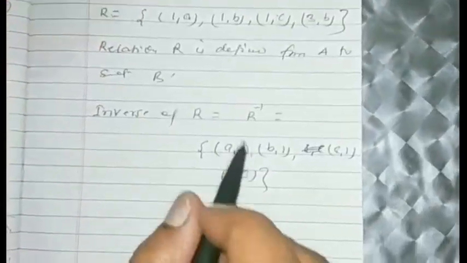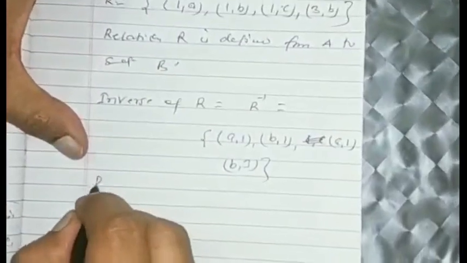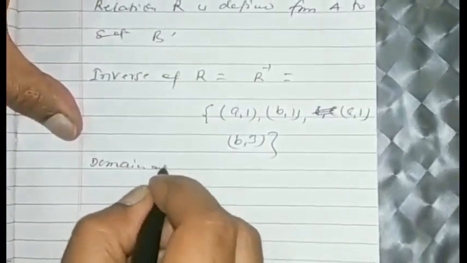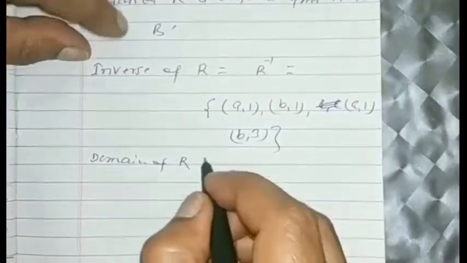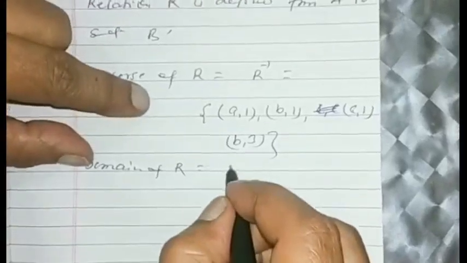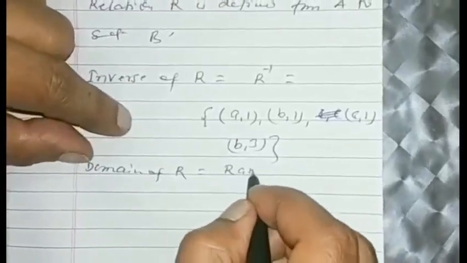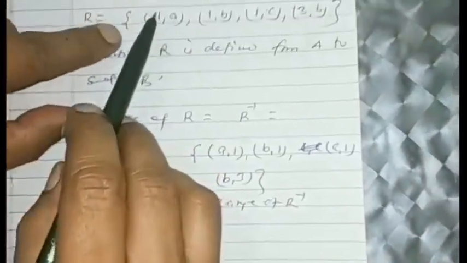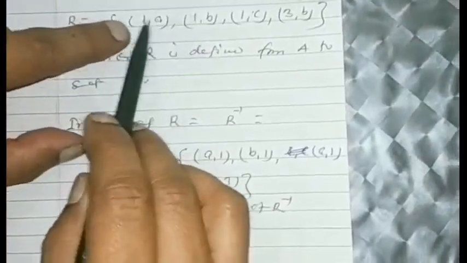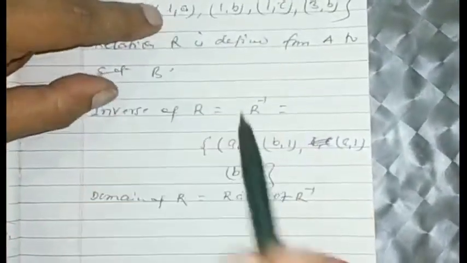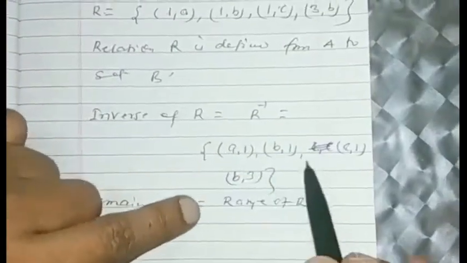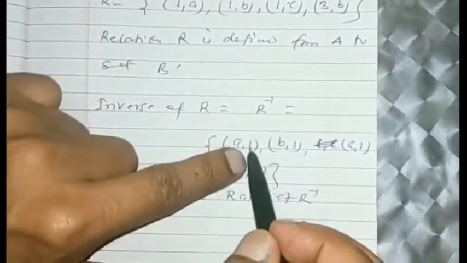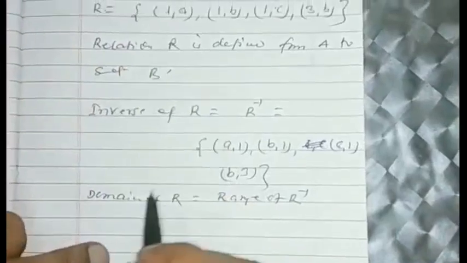Therefore here we observe that the ordered pairs should be changed. Means to say, domain of R is equal to range of R inverse. Here we observe the domain of R is {1, 3} and here the range of R inverse is {1, 3}. This is the meaning of domain of R is equal to range of R inverse.